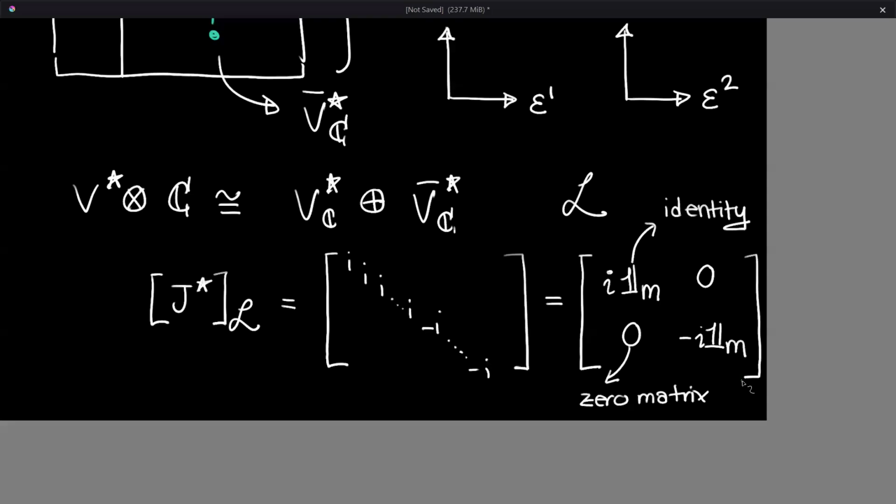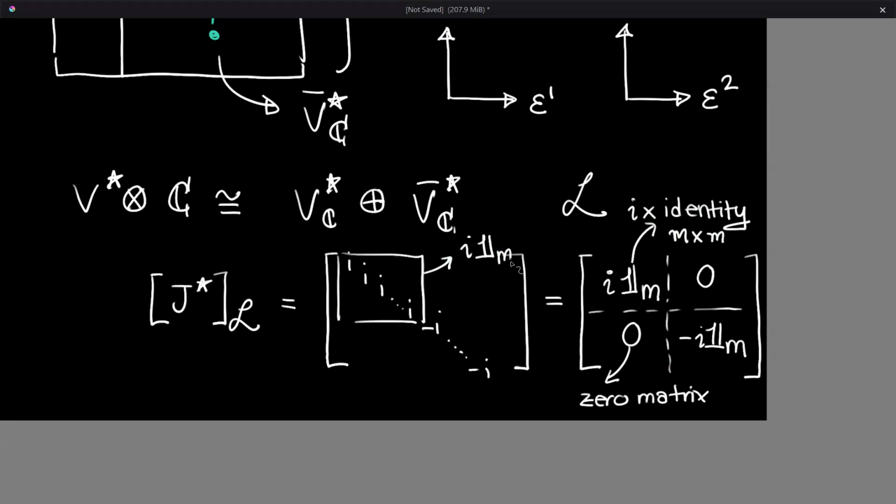The way you read a block diagonal matrix is you separate it into all of the zones, and you say, okay, we know that this is an M times M matrix. You just paste in whatever matrix is being talked about. So instead of the identity matrix, it's i times the identity matrix, which is exactly what we have going on over here, right? And then there should be an M of these as well. Remember, they always come in pairs. It's an even dimensional space.